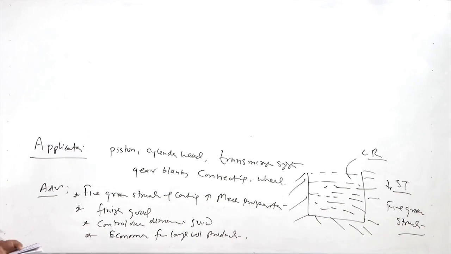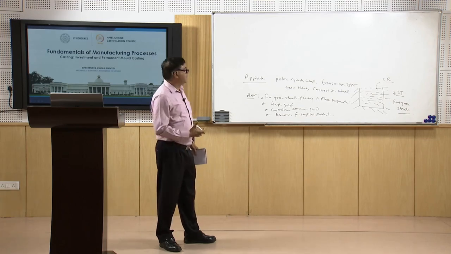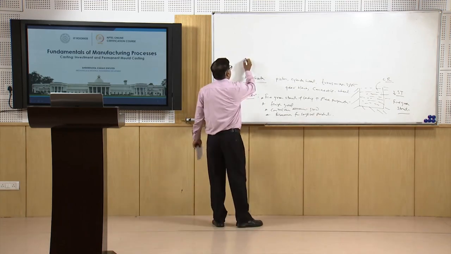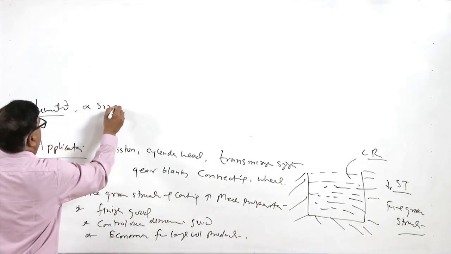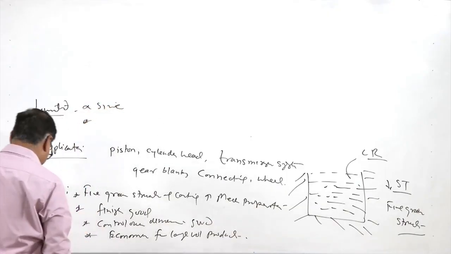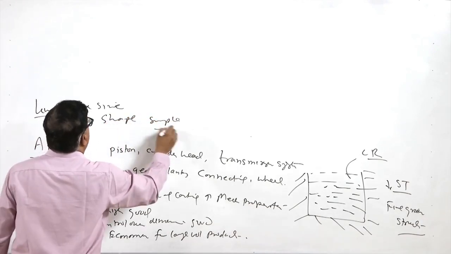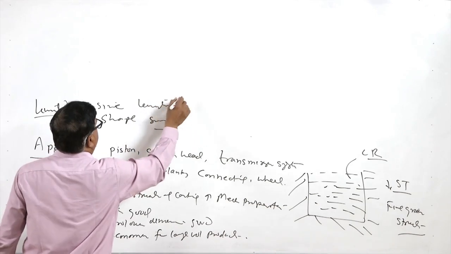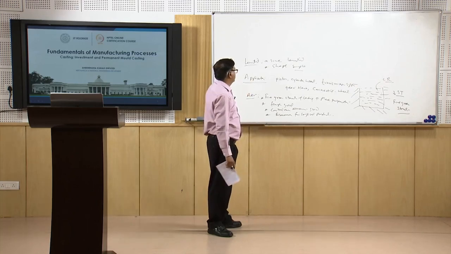Limitation-wise, the process is good for simple shapes, and it is also limited by the size of the mold. So, it is not good for large size castings. The limitations are of size as well as shape. The shape has to be simple and the size is limited by the size of the mold which can be made. So, not very large size castings can be prepared by the permanent mold casting process.